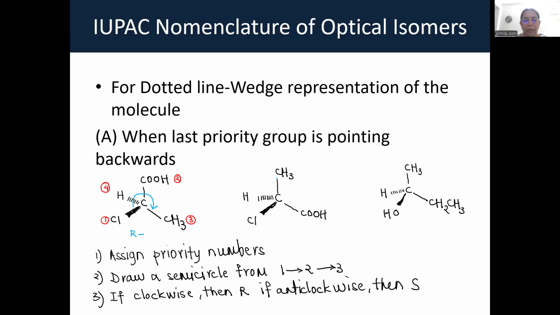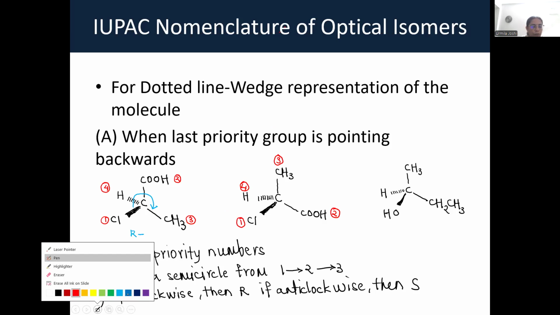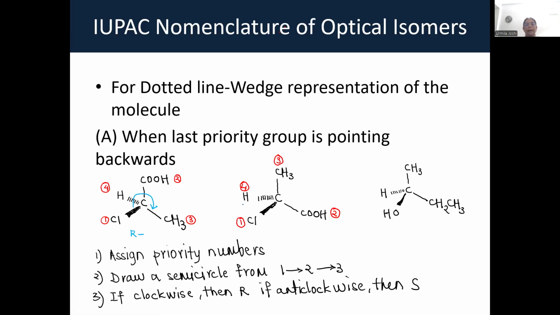Look at this. This is its mirror image. Now again assign priority numbers. Okay, Cl is going to be 1. COH is going to be 2. CH3 is going to be 3 and H is going to be 4. Now, you have ensured that the fourth priority is pointing backwards.